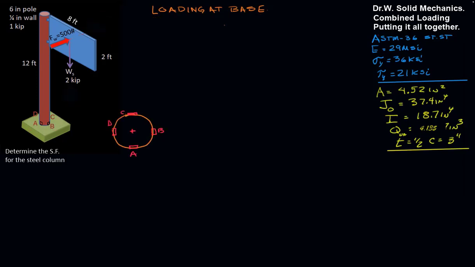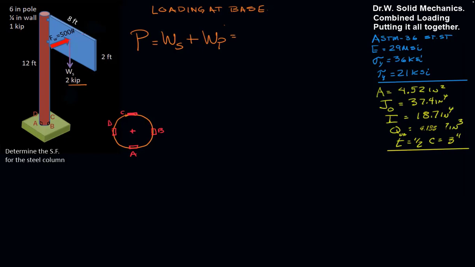So draw a rough cross section of the base and identify the location of the points A, B, C, and D just to keep track of our references. And now we'll look up at the loads here, and let's do the compressive loads. We have a total load P pushing down on this element of Ws, the weight of the sign, plus Wp, the weight of the pole. Both of those are in the negative y direction.